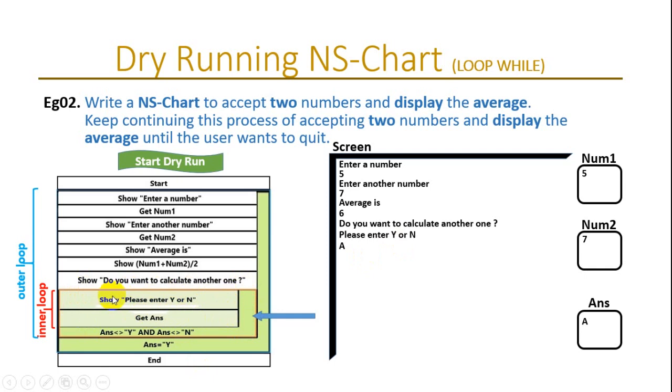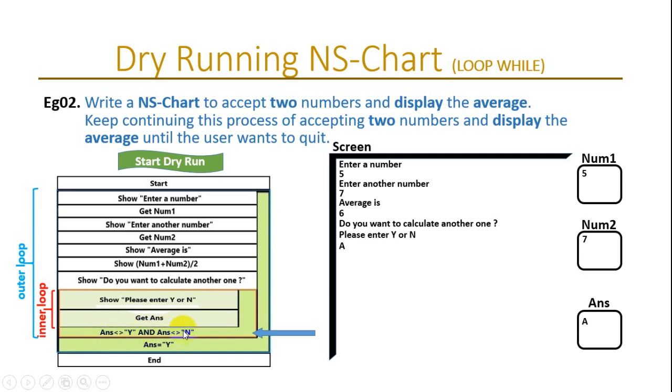In the inner loop, it says please enter YON, takes a value. Suppose a user types anything other than YON, in this case it's A. After taking that, it goes to the next line. So in the inner loop condition, I checked if answer is not Y and answer is not N. You know how the truth table works for AND, right?